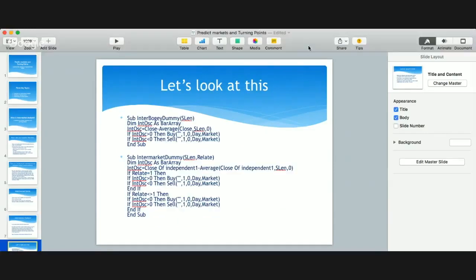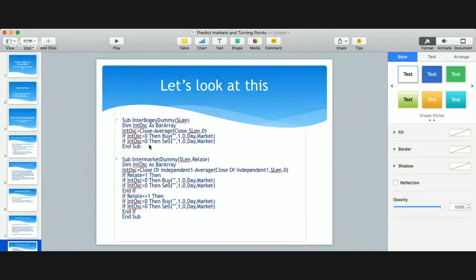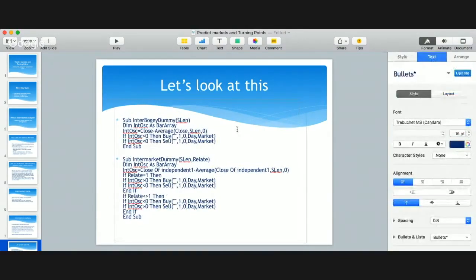All right, so what I did is I designed a simple test. This is actually in Trader Studio code. You can easily do it in TradeStation code, but I actually ran these tests in Trader Studio. So what we did is we simply took the moving average of the underlying market. That's what this first part up here is? Right, it's close minus average close, S length.